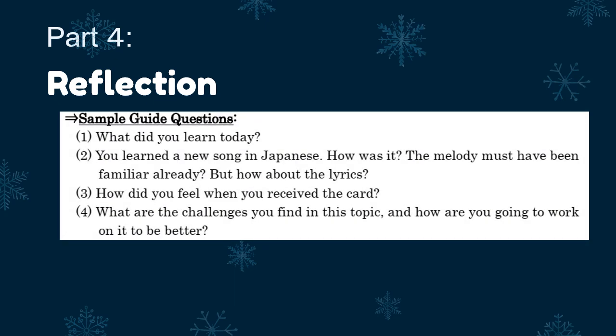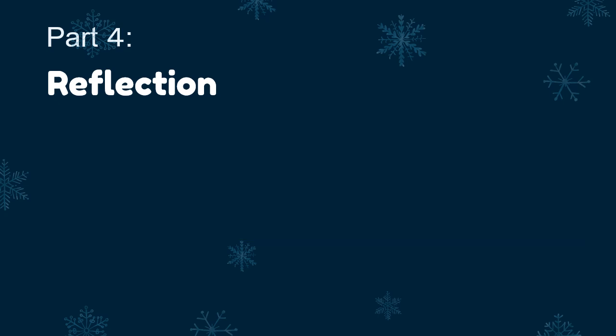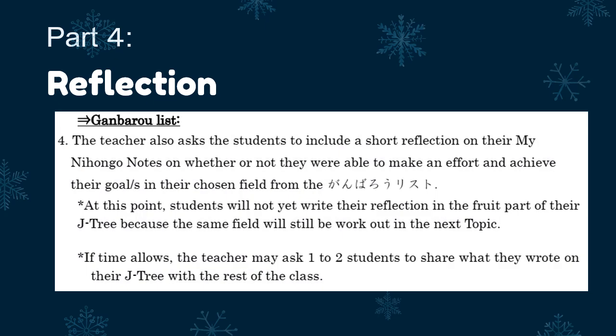After all those activities, do not forget to have the reflection part. So here are the sample guide questions to help the students organize their reflection. After accomplishing all of the activities in session 6, do not forget to ask the students to include a short reflection in their Nihongo notes on whether or not they were able to make an effort and achieve their goals in their chosen field from the Gambarole list.